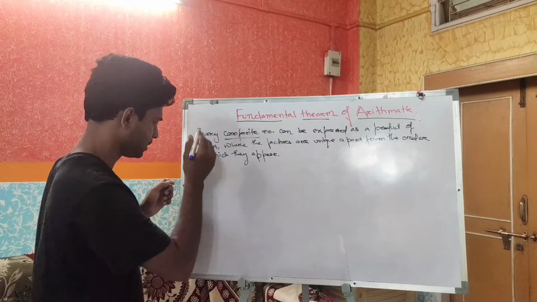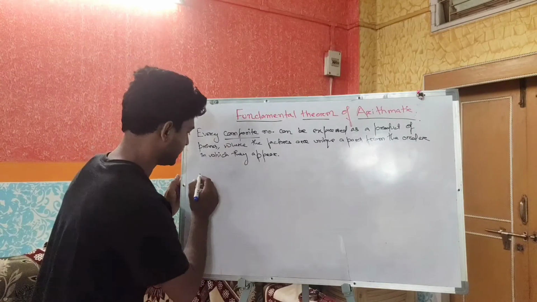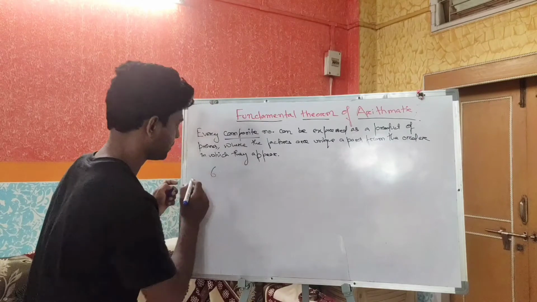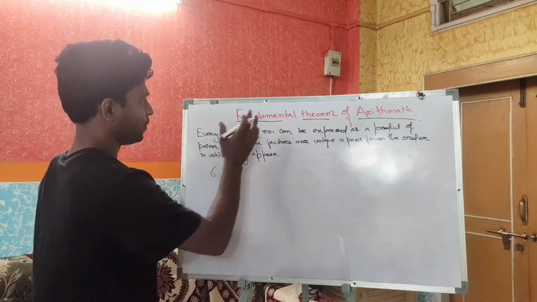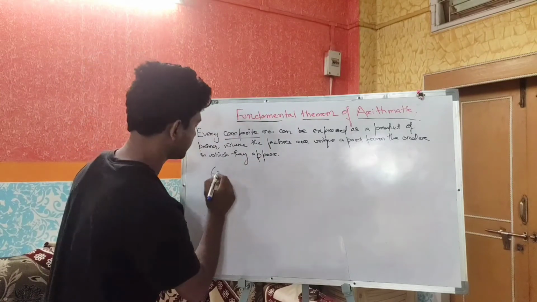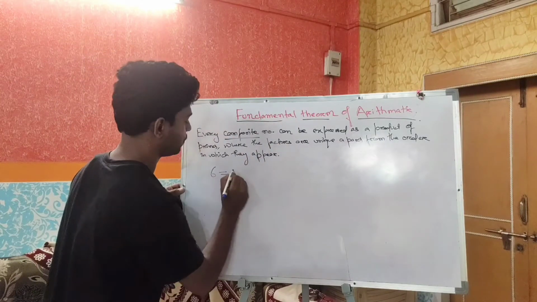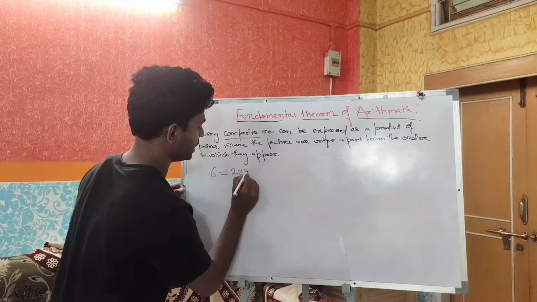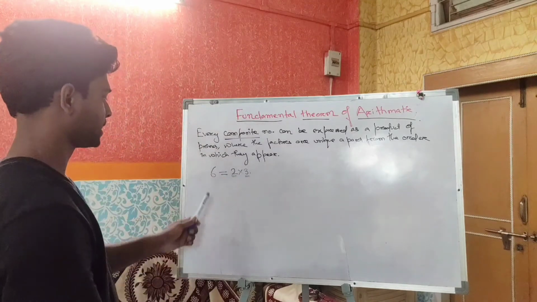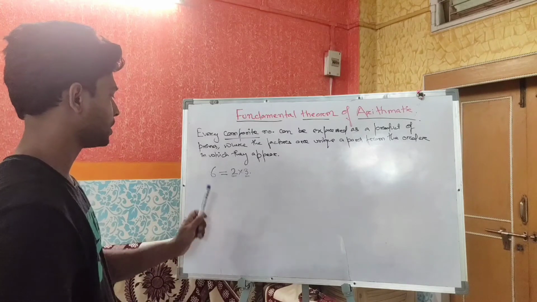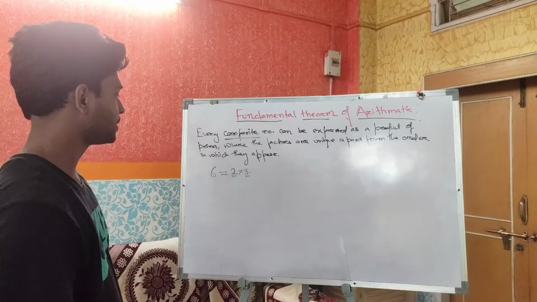Let us pick some composite number, say 6. So 6 is a composite number. It has more than two factors. As per the fundamental theorem of arithmetic, 6 can be written as a product of 2 times 3, which are prime numbers. So here we have expressed 6, a composite number, as a product of prime numbers.